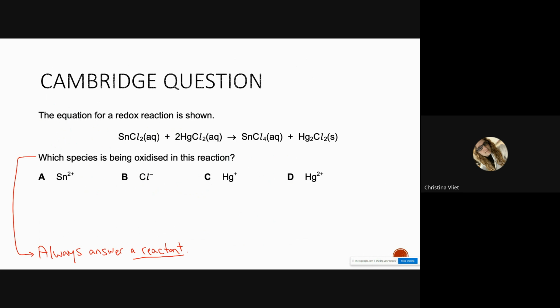So, what's being oxidized? How would we go about this? You could start by, step 1, find the oxidation numbers for everything.